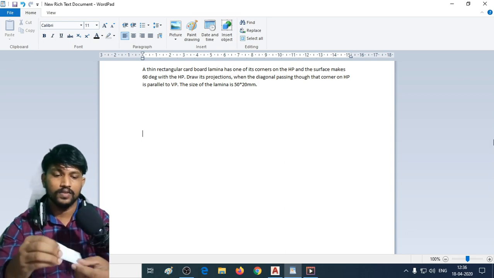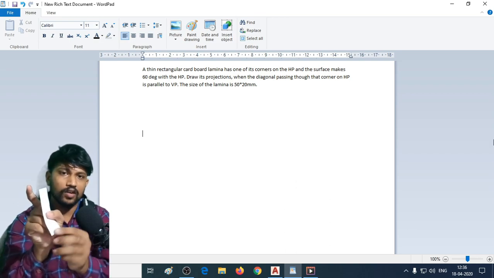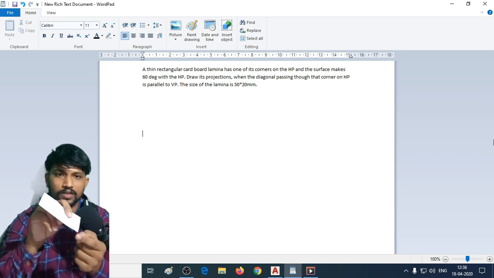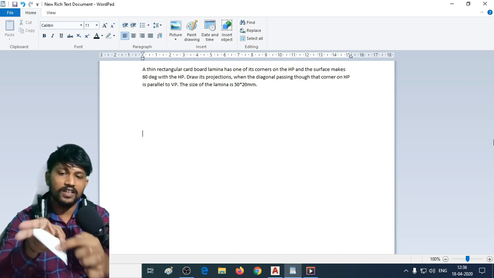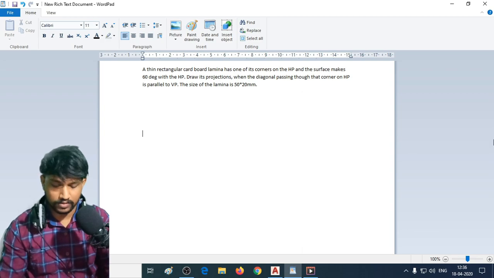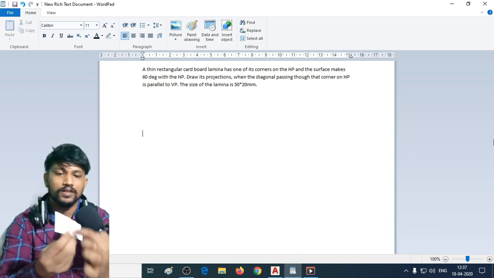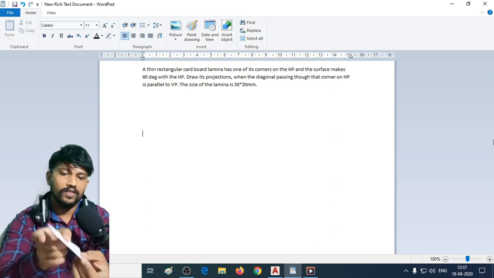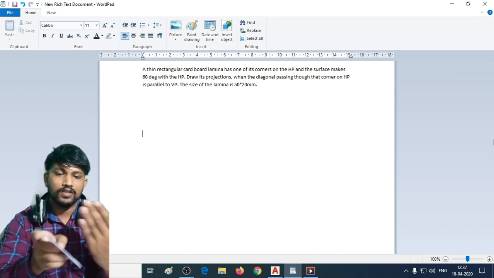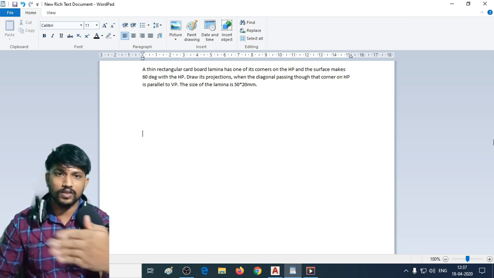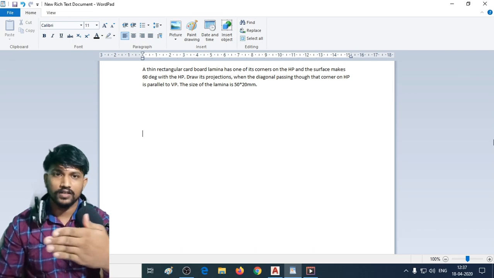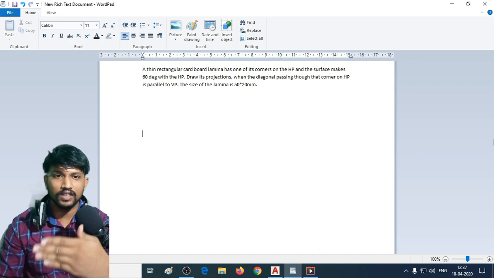See here, if you assume this one as the corner which is sitting on the HP, then this diagonal has to be made parallel to the vertical plane, which means it should not make any inclination with the vertical plane. We are not concerned with the inclination with the horizontal plane.